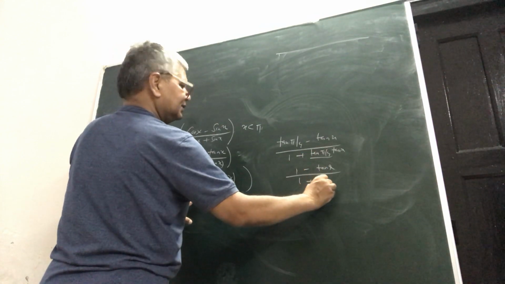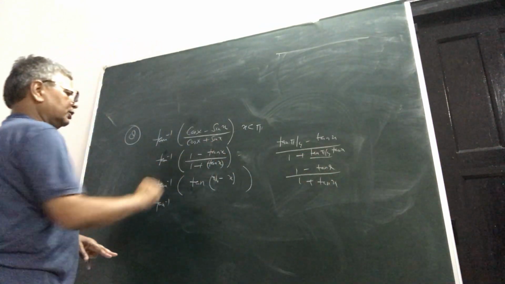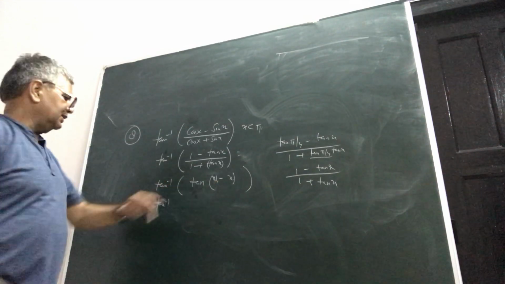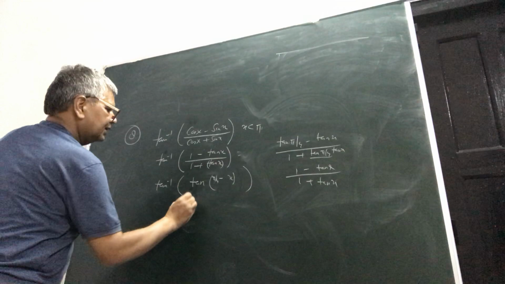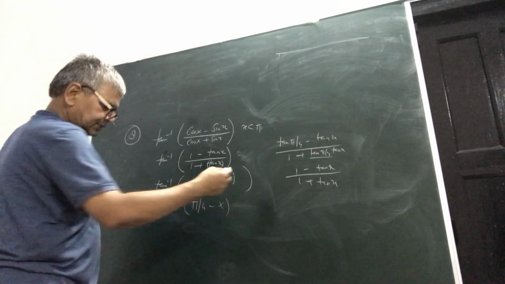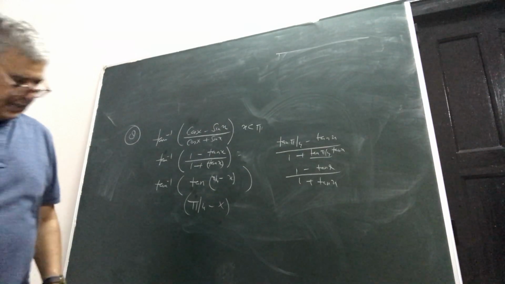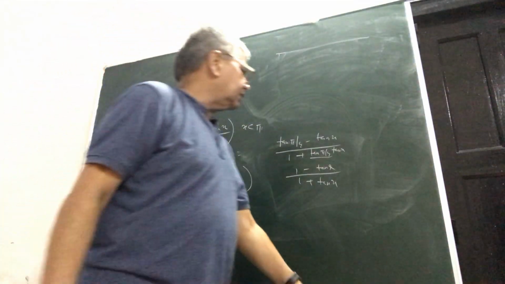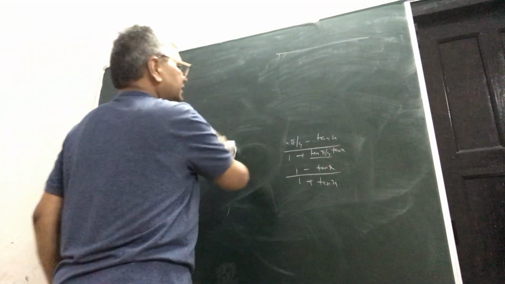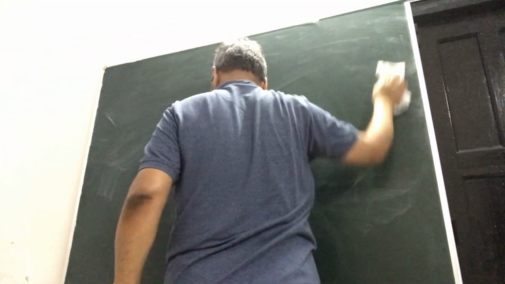So in place of this whole thing, you can write tan of pi by 4 minus x. So tan inverse tan, eventually you will get pi by 4 minus x. So that would be the answer. This is how you can do this question. Let me check if there is any other question here.